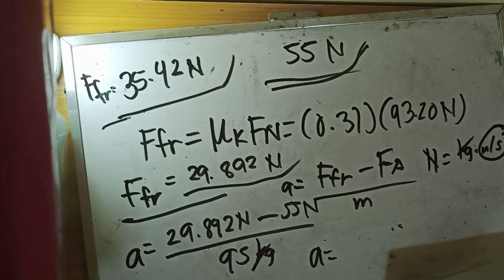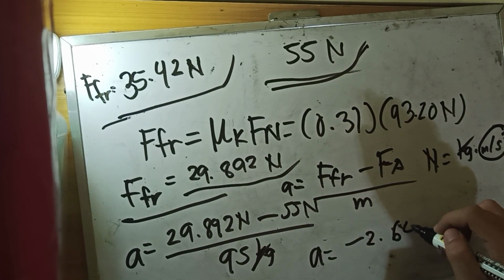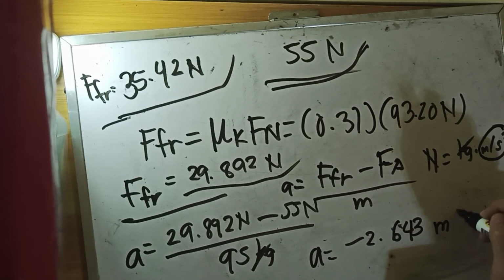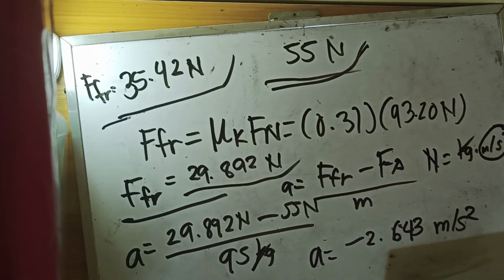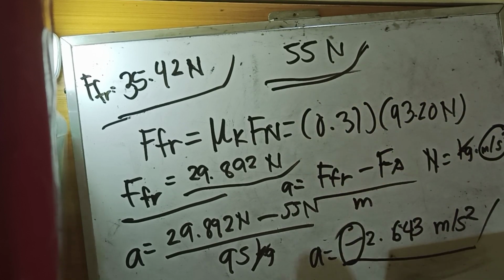So, malalaman natin na nasa tamang direction tayo ngayon. And by calculating, subtract, then divide, ang makukuha natin sagot ay negative 2.643 meters per second squared. So, malalaman natin ngayon na yung acceleration ng crate ay papunta sa left since negative siya.